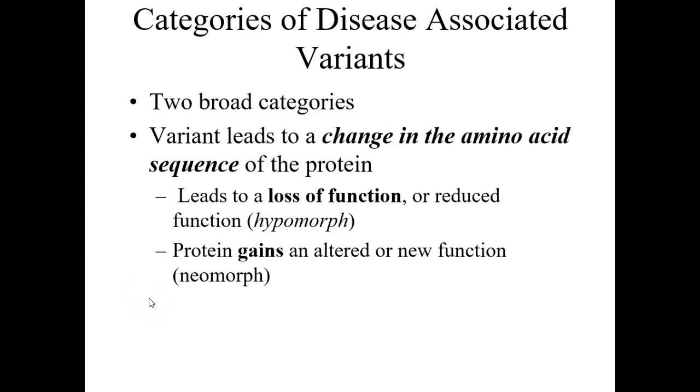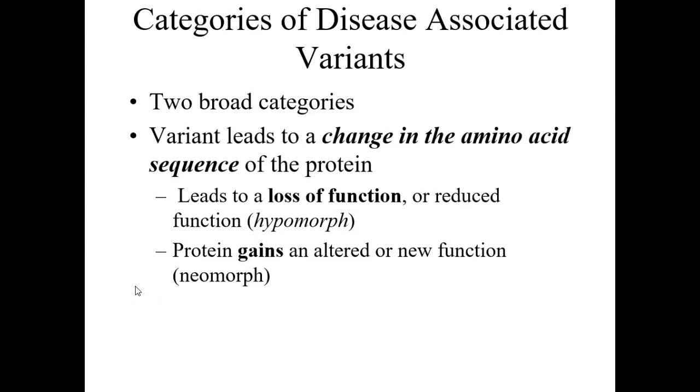So the first category here is really the two different categories of genetic variants that can cause disease. One of which is some sort of nucleotide change that changes the amino acid sequence and hence the function of the protein. The second one would be variations that change the amount of gene that's produced. That's not this slide.